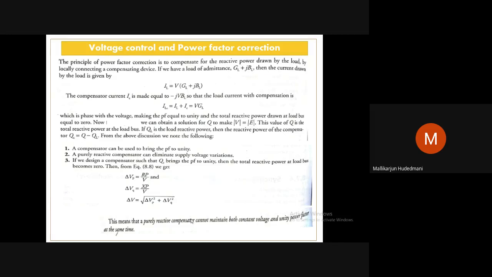That will definitely make the power factor non-unity. It can reach constant voltage, but it may not reach unity power factor. This is true at the same time. So this is how reactive power injection can be viewed.